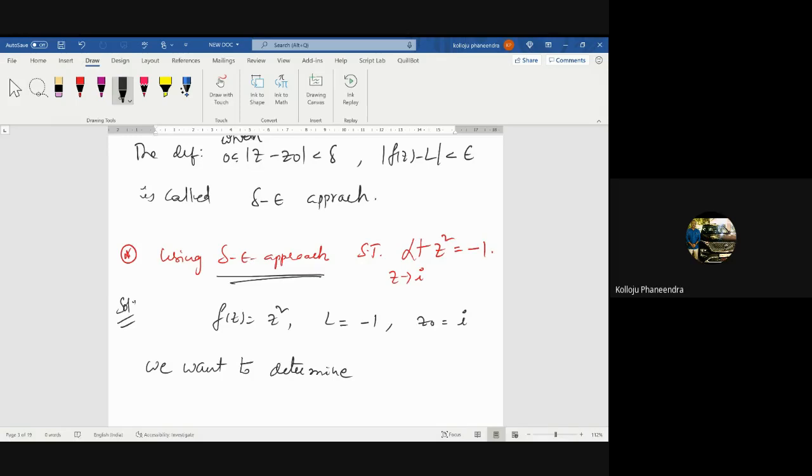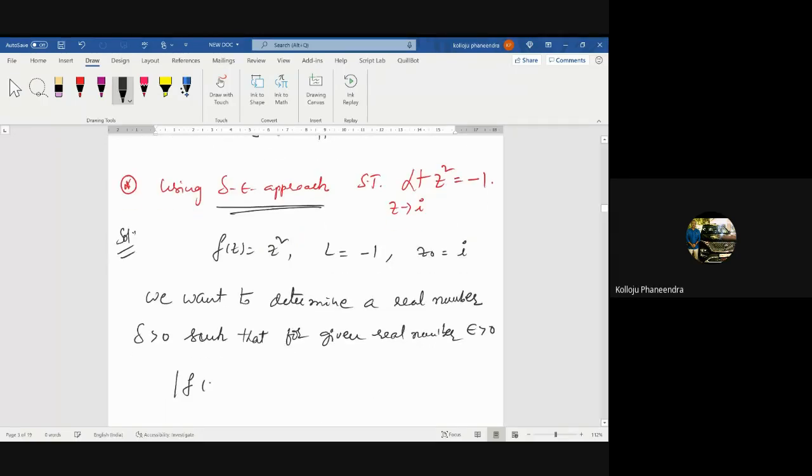We want to determine a real number delta greater than 0, such that for a given real number epsilon greater than 0, we have to prove mod f of z minus L less than epsilon whenever 0 less than mod z minus z naught less than delta.